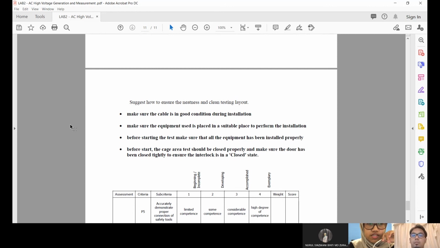Third, before starting the test, make sure that all the equipment has been installed properly. Lastly, before starting the experiment, the cage area should be closed properly and make sure the door has been closed tightly to ensure the interlock is in closed state.